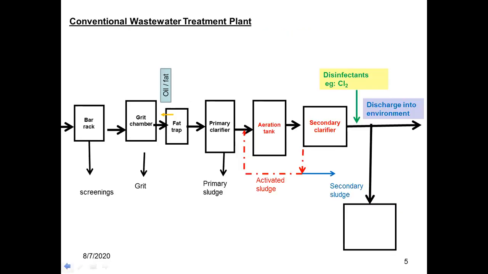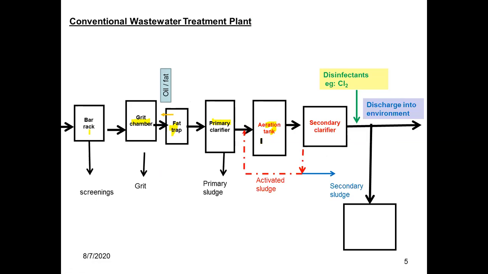So you may remember, this is part of a conventional wastewater treatment plant. Here bar screen, grit chamber, fat trap, then primary clarifier. After the primary treatment, the water is sent to the aeration tank. Then in the aeration tank, microorganisms do the job.